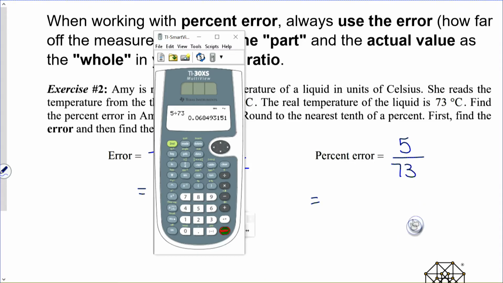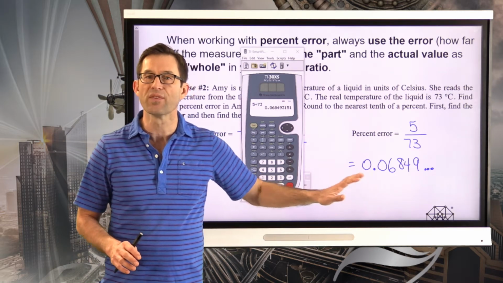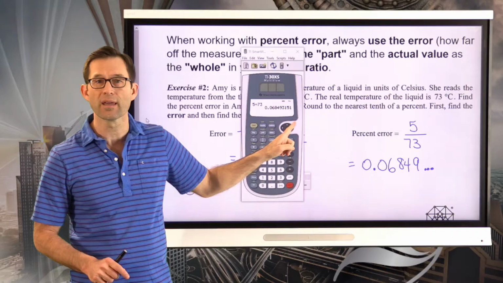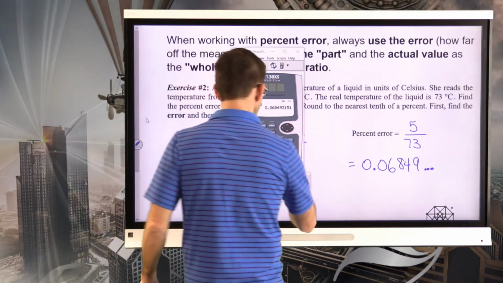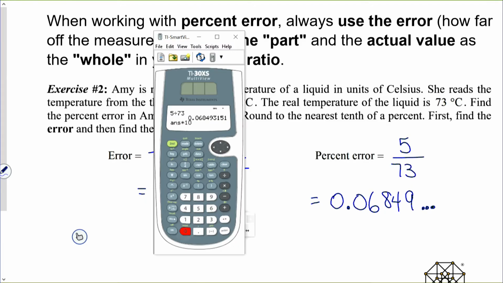This is going to be 0.06849, etc. So there's the decimal version. And keep in mind, if I really want to be able to visualize what this is as a percent, the easiest thing to do is to just take my calculator right now and multiply my answer by 100.